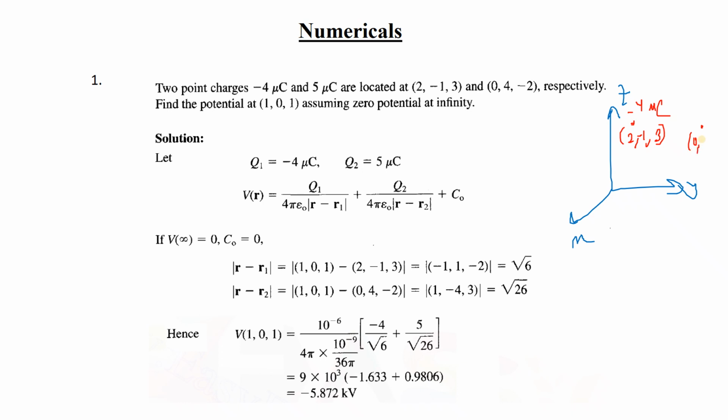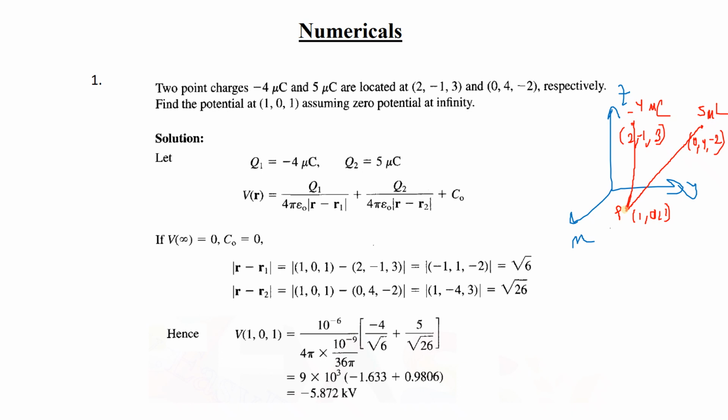This is another point charge, at (0, 4, -2), which is 5 microcoulomb. And there is another separate point, suppose this is (1, 0, 1), call it point P. Now I want to find the potential at that point P.